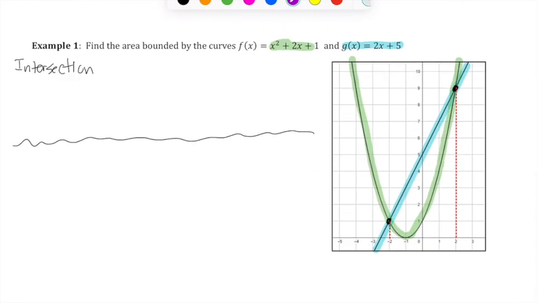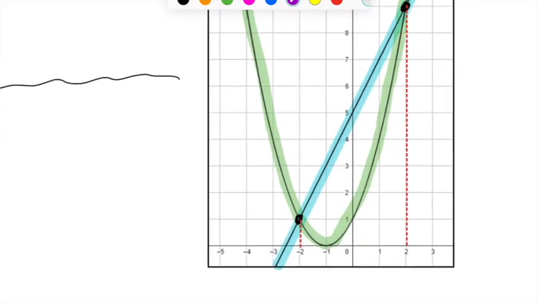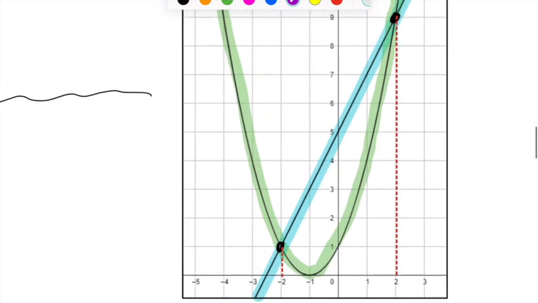So if you look at example 1, we're trying to find the area bounded by f of x and g of x, and the equations are given right there. Now, if we have a graph, we can kind of see that the intersection points are -2 and +2.